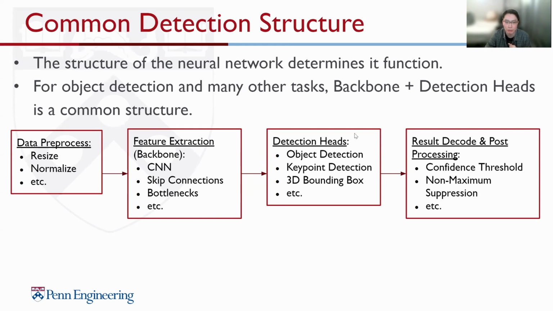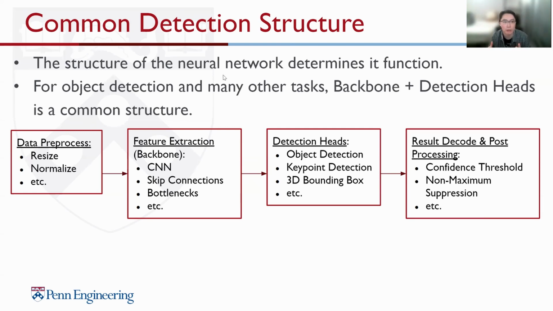Then after that, we usually have detection heads. Depending on the different functions that you want this neural network to do, we can have object detection heads, key point detection heads, 3D bounding box heads, etc. After that, there is a result decoding and post-processing part. We need to filter out low confidence results. And sometimes we need to do non-maximal suppression so that we don't have repeated detections of the same object.